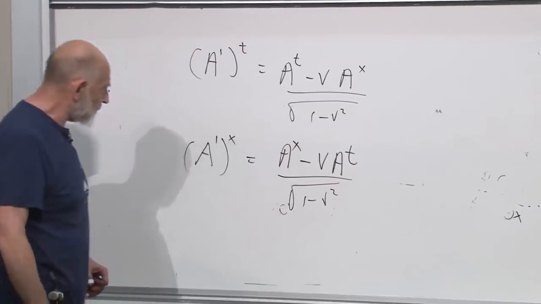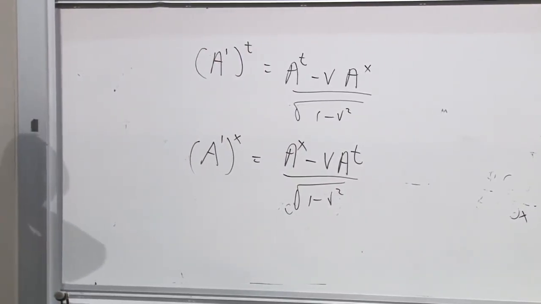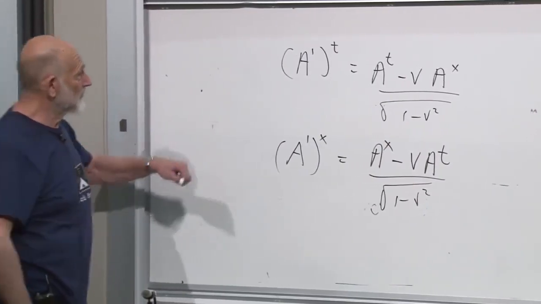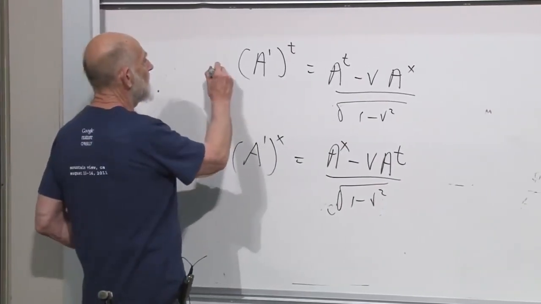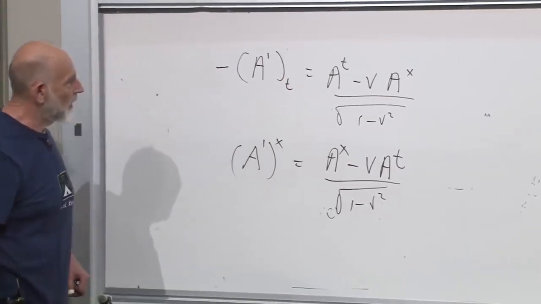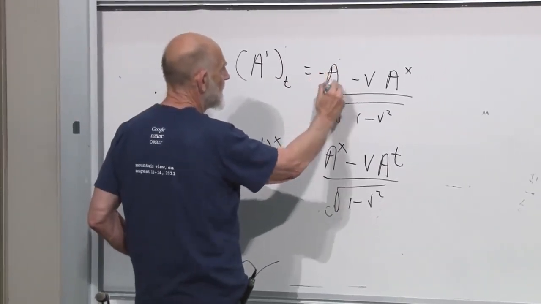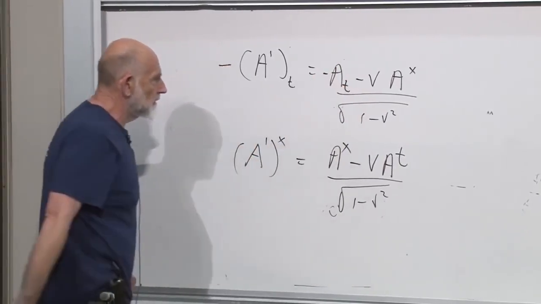Usual thing. Okay, now we just write that a prime t is the same as minus a t here.